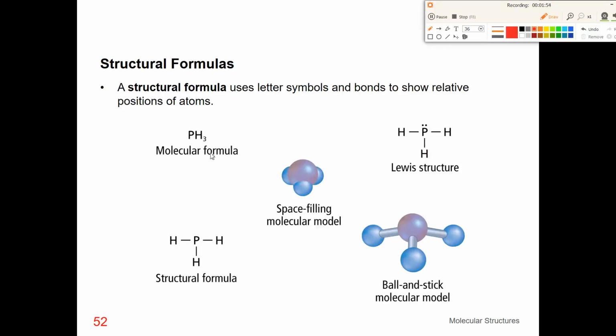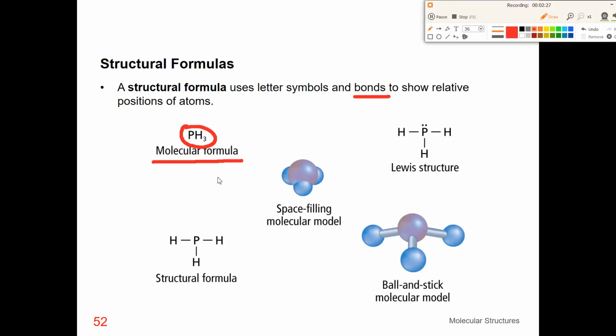So in previous chapters, we talked about the molecular formula, just the symbol of the element with a number, subscript, for the number of atoms. So this is one phosphorus bonded with 3 hydrogen atoms. So the structural formula gives us exactly the bond symbols, shows us the bonds.